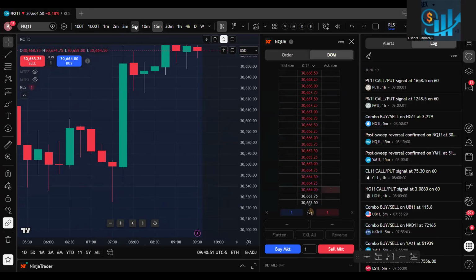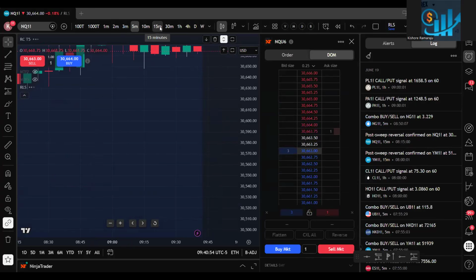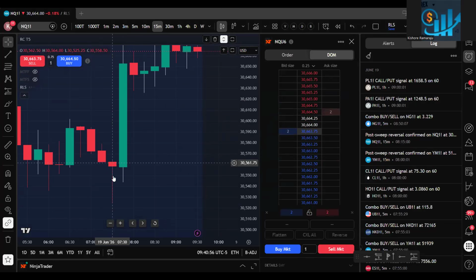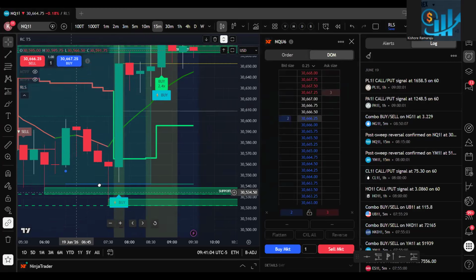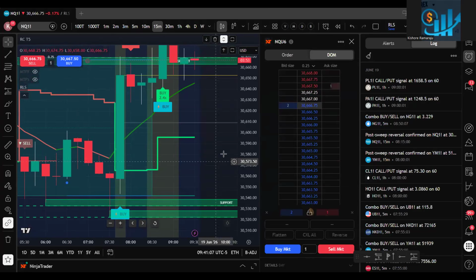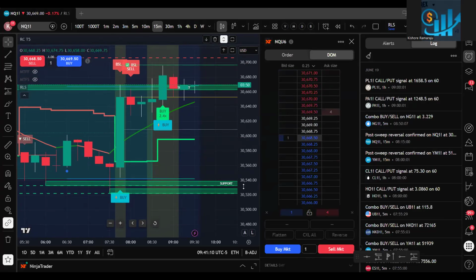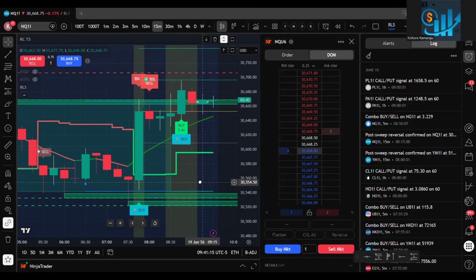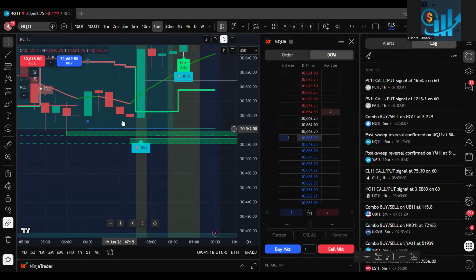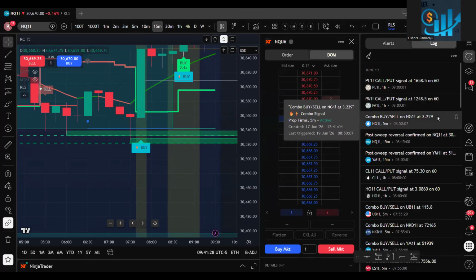So if you see here, you can see a huge wick at the bottom. This is an example of sell side liquidity, and then there was a big bounce there.